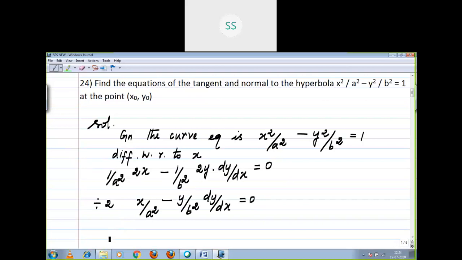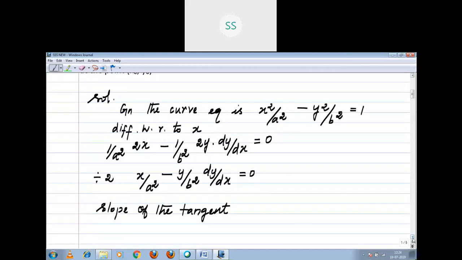That represents your slope of the tangent, right? Slope of the tangent is dy by dx.